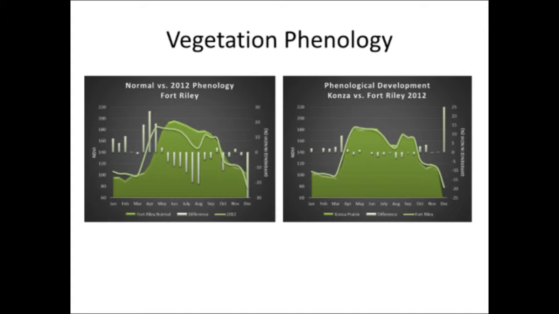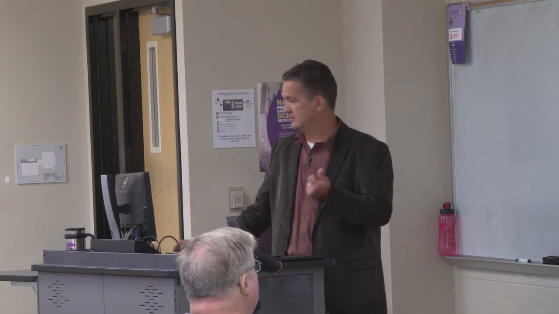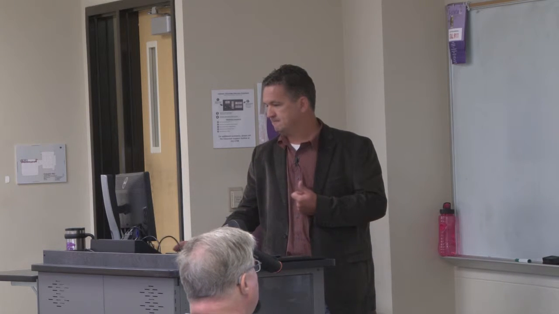So in 2012, we had some precipitation in the spring that allowed greenness to explode and be much higher than normal. But if anybody remembers the summer of 2012, it was really dry that year. So we saw typical greenness at Fort Riley much lower than average. Then we had one small precipitation event in August, and it was just in time for the grasses to take advantage of that, and you saw a little surge there.